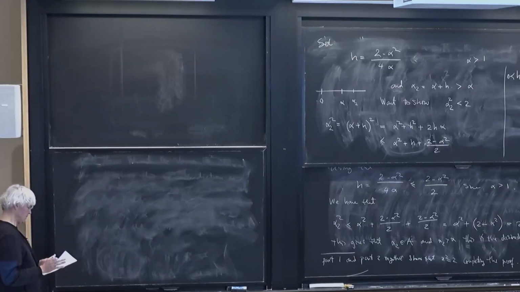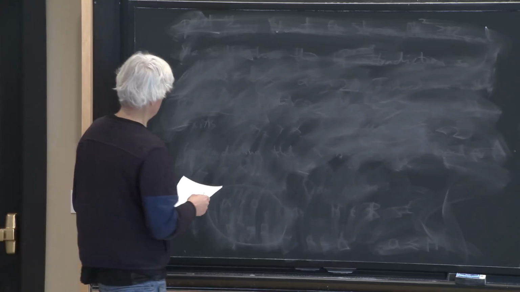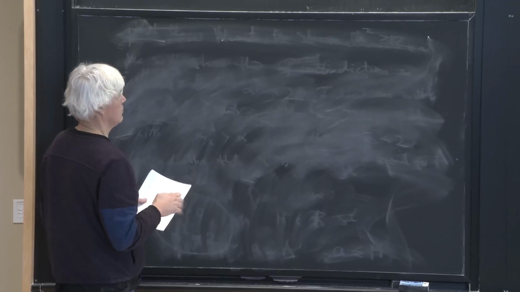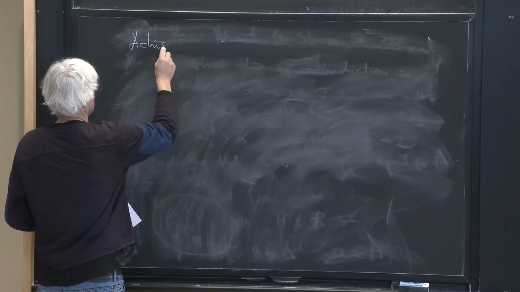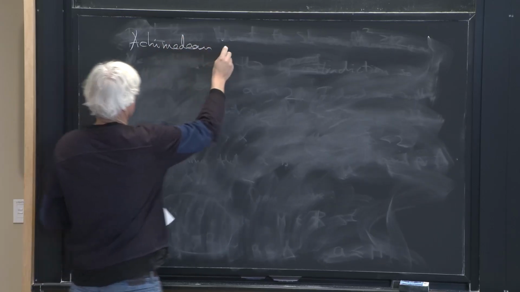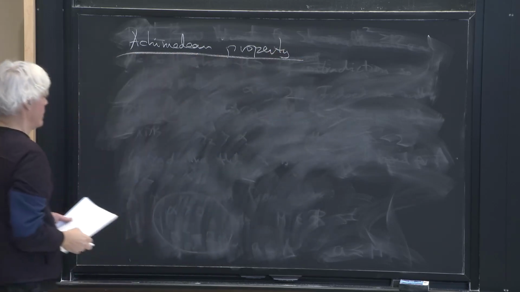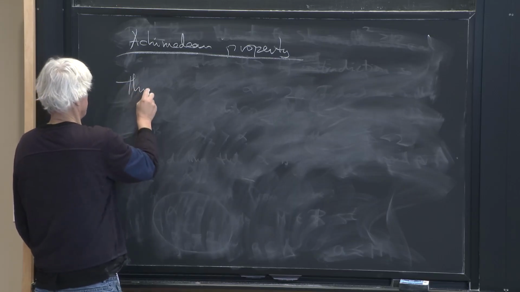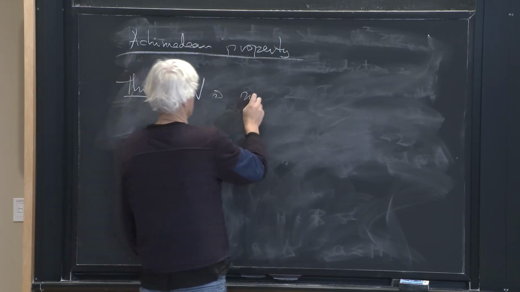And I'm obviously using the things that we already proved last time, so that you can focus not on why the statement should be true, but just on how to write it. And so let's talk about the Archimedean property. The Archimedean property is saying, so this is the theorem, that the natural numbers are not bounded from above.